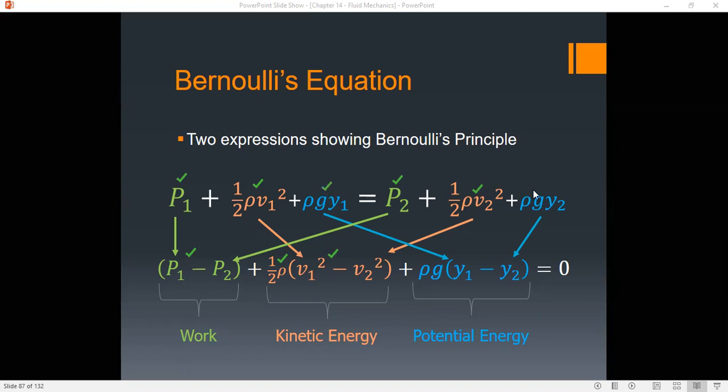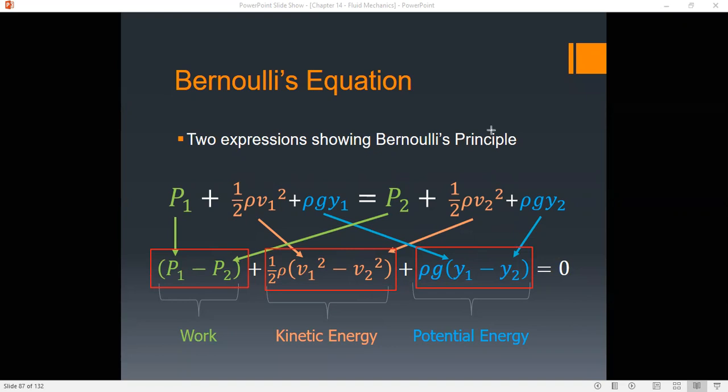Finally, here's our potential energy, okay? So what this is saying here, just to keep track of everything that's going on right here, the work done by the fluid plus the change in kinetic energy of the fluid plus the potential energy change of the fluid must be equal to 0. Basically, we conserve energy. All right?